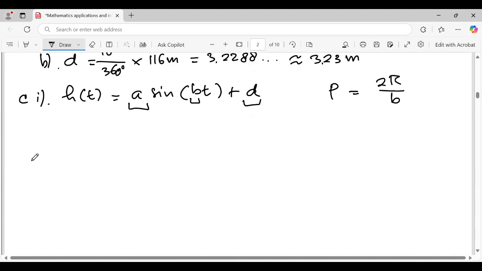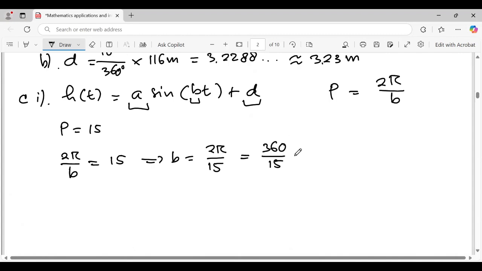Since the period of the wheel is 15 minutes, given P equals 15 minutes, if we substitute 15 into this equation, we can solve b. So 2 pi over b equals 15. So b equals 2 pi over 15, and this is 360 over 15 equals 24. So b equals 24. Part 2.